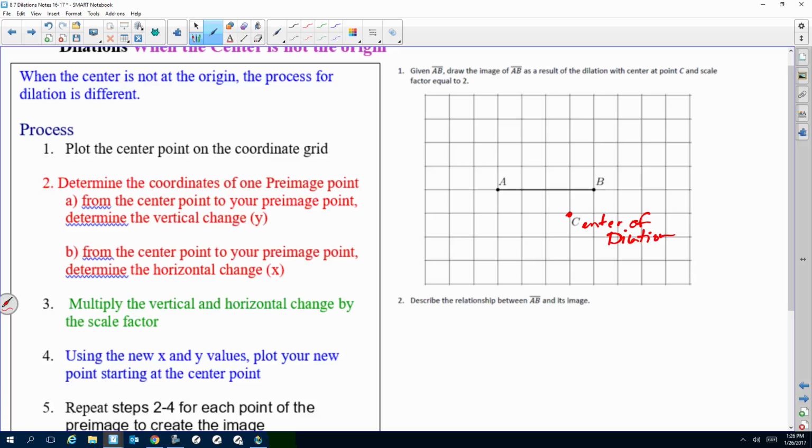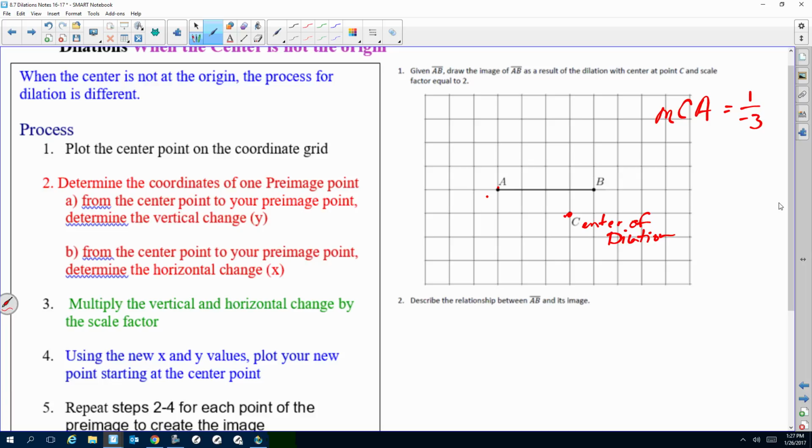All right, so we're going to determine the coordinates of one pre-image point by looking at your slopes, by looking at your vertical distance and your horizontal distance. So all I want right now is the slope from C to A, from our center to our pre-image. What is our rise over run for that? 1 over -3. Yes.